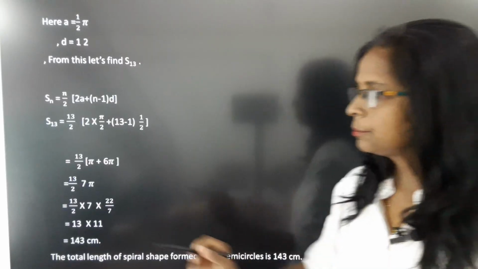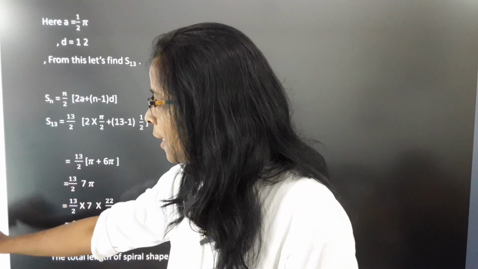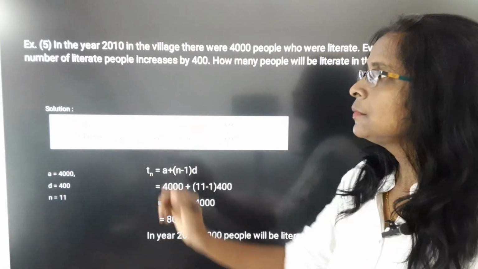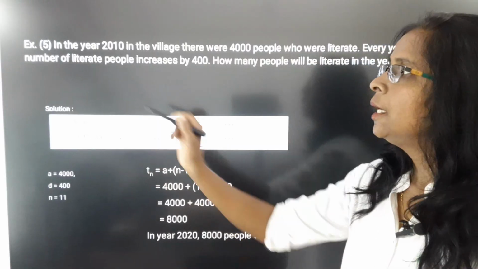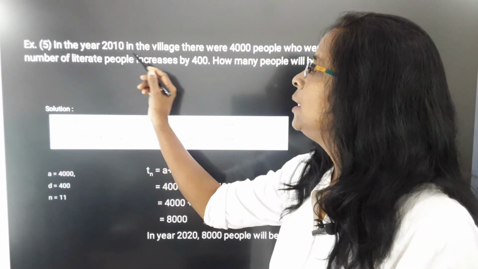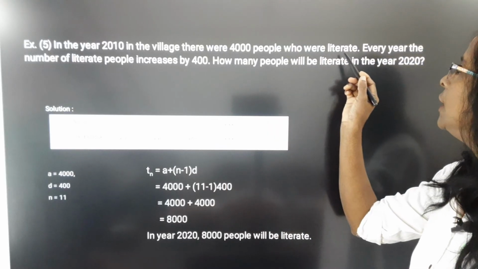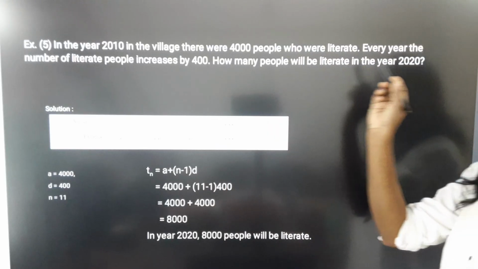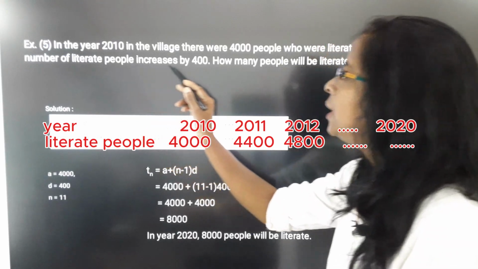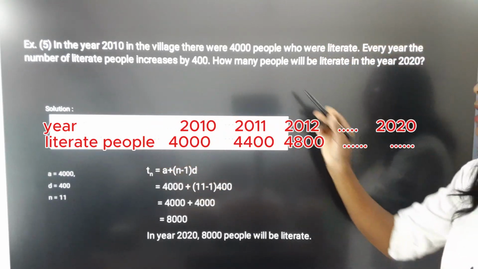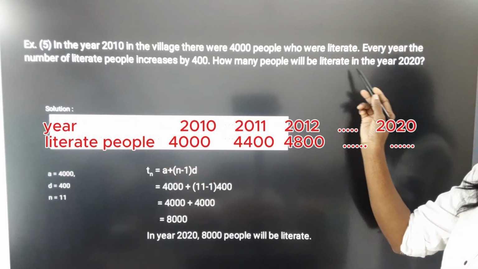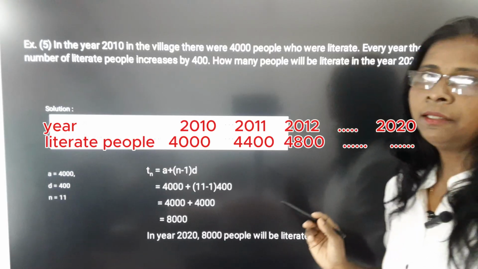Okay students, so now see the next example. The next example is: in the year 2010, in a village there were 4,000 people who were literate. Every year the number of literate people increases by 400. How many people will be literate in the year 2020?